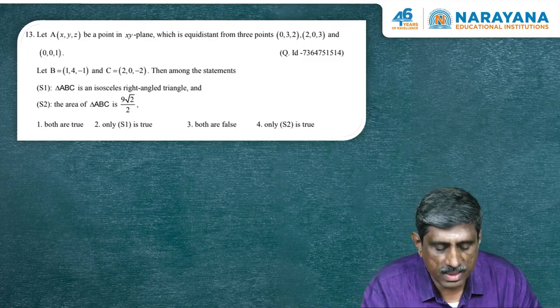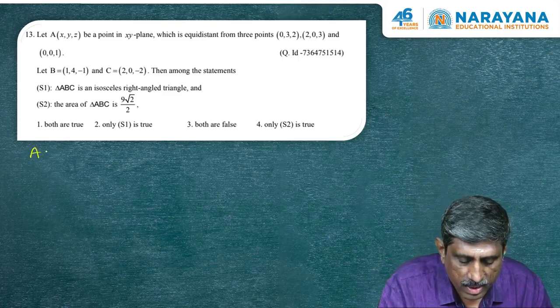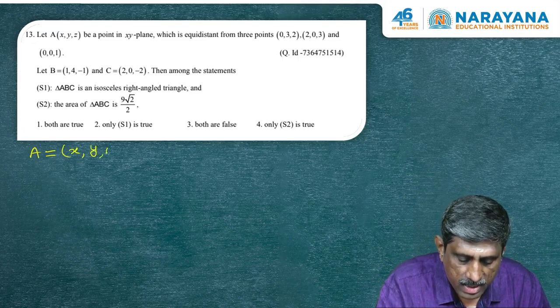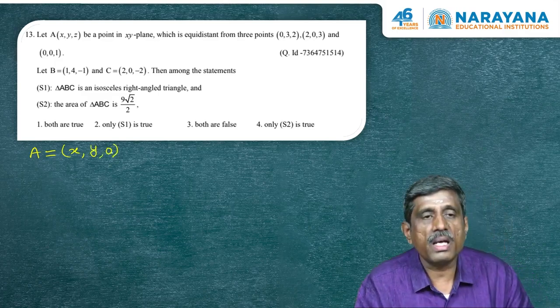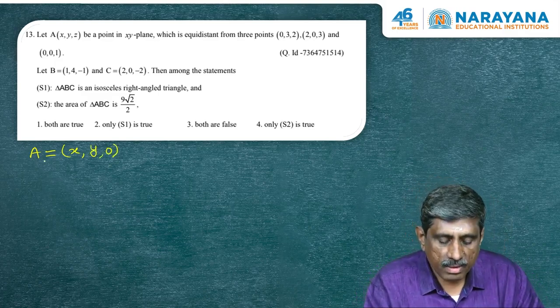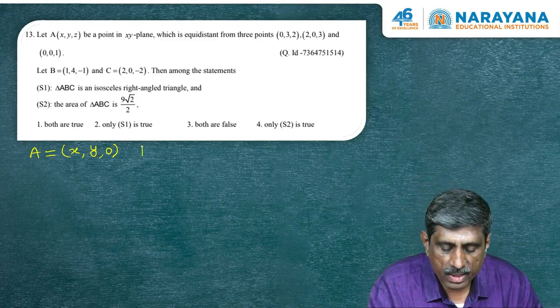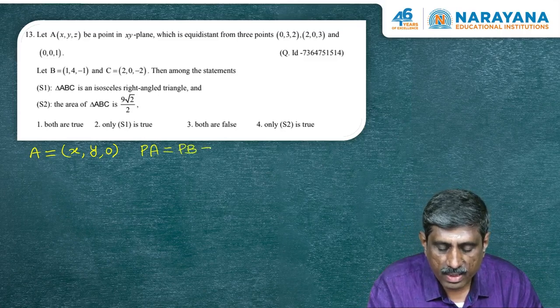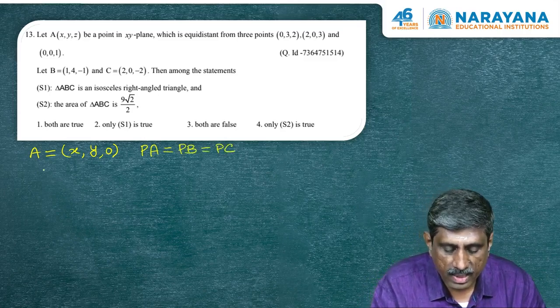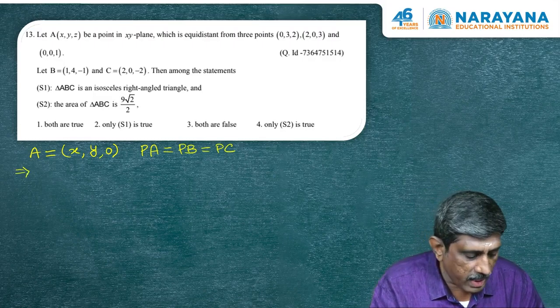Let us find out what is the point A. So, let us assume the point A as x, y, 0, because it is a point on the xy plane. This point A is equidistant from the 3 given points PQR. So, let us take PA is equal to PB is equal to PC, and when we simplify, PA is equal to PB.